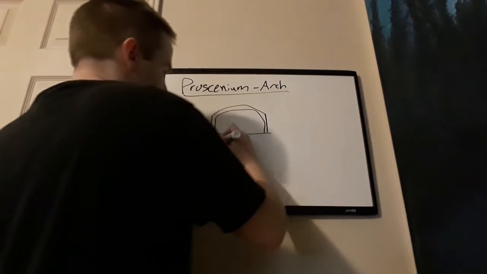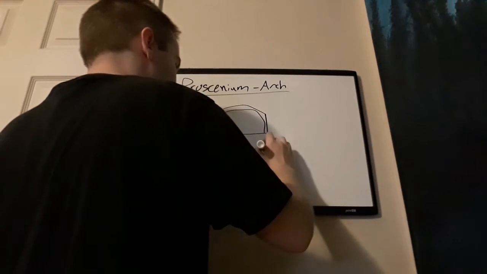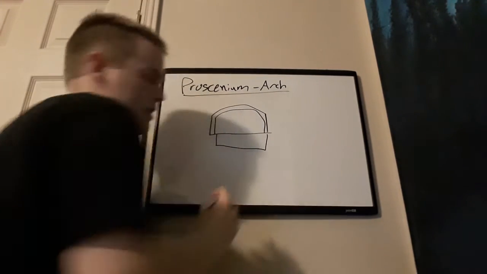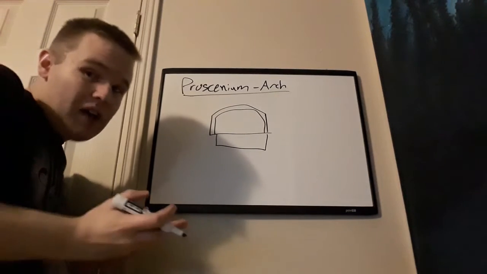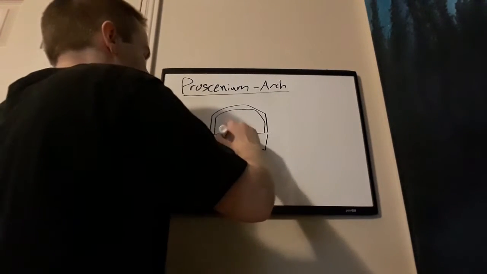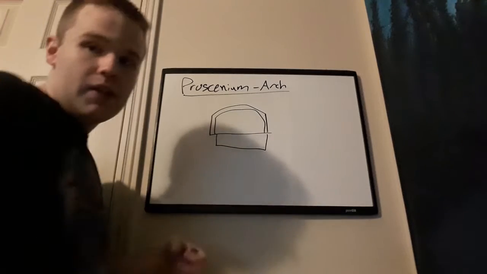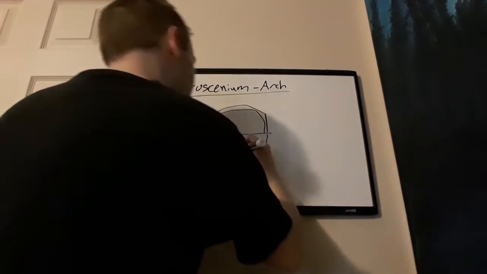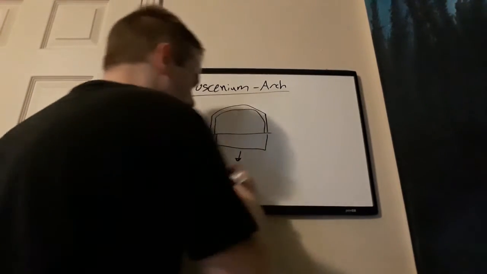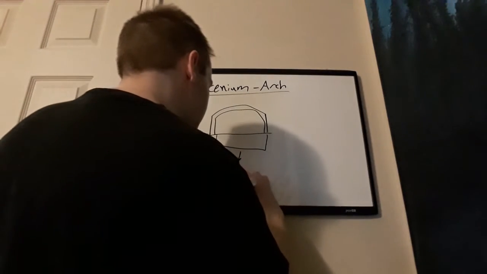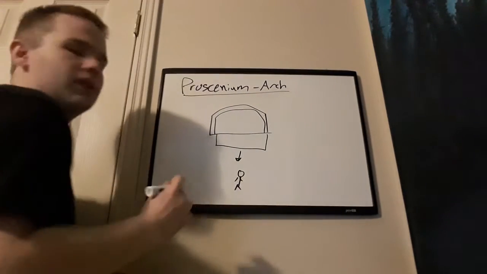And usually the audience is sitting a bit further away, and there's sometimes an orchestra pit, maybe something else. But usually this little space here is considered to be not where the audience is, and anywhere from here down is the audience.